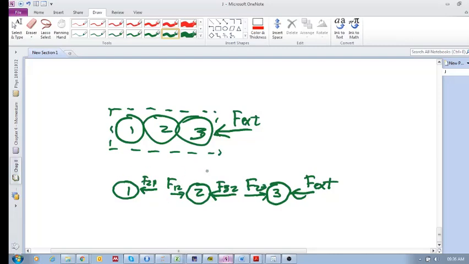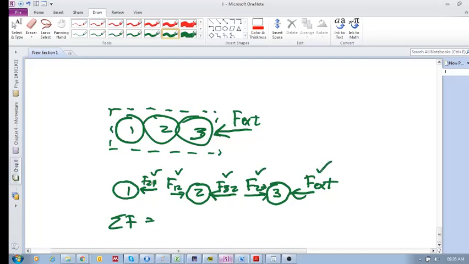So if you're summing up all the forces, I'm not going to go through it all. You're going to get F21 plus F12 plus F32 plus F23 plus F external.